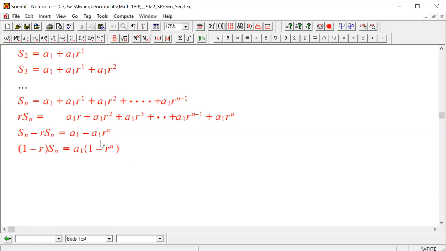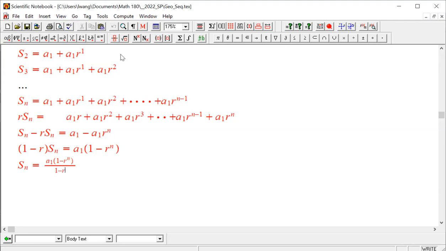And last but not least, provided that r is not equal to 1, we divide both sides by 1 minus r. So S sub n is equal to the entirety of the right-hand side divided by 1 minus r.